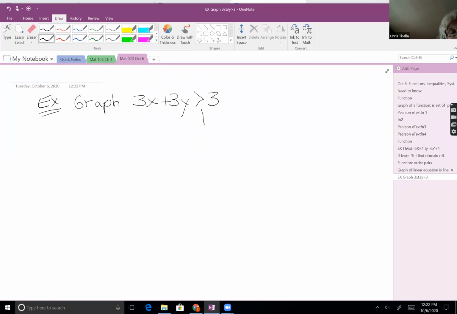We've got a symbol of inequality. Because that's greater than, it tells me that I'm going to draw a dotted line. Is everybody all right with that decision?